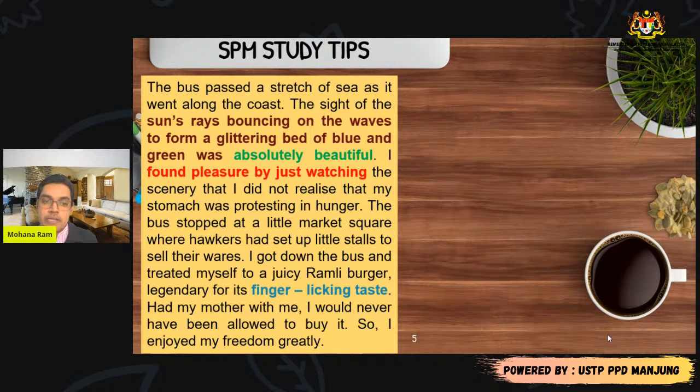The bus stopped at a little market square where hawkers had set up little stalls to sell their wares. I got down the bus and treated myself to a juicy Ramly burger, legendary for its finger-licking taste. Had my mother been with me, I would never have been allowed to buy it. So I enjoyed my freedom greatly.